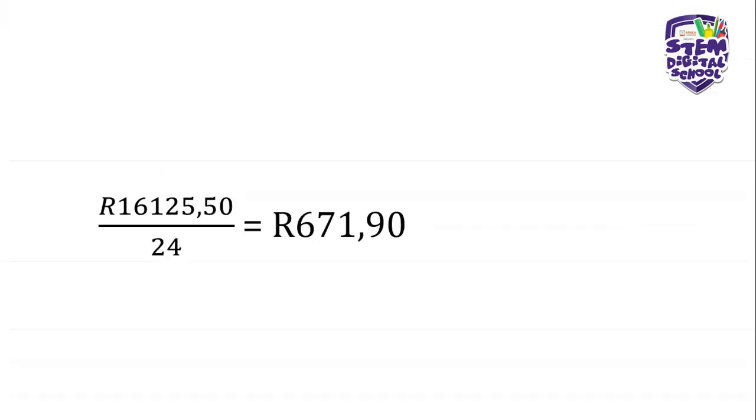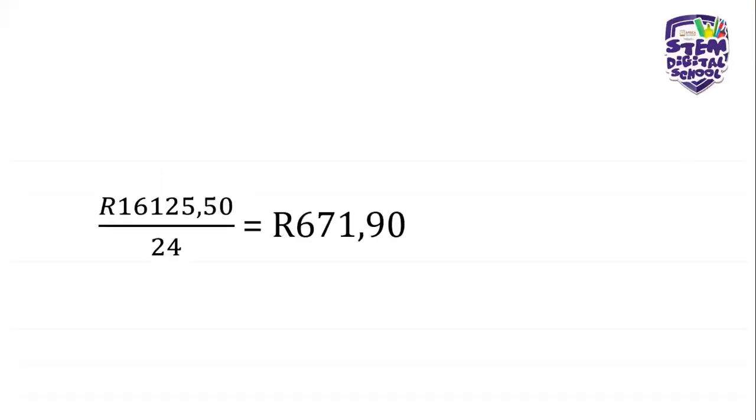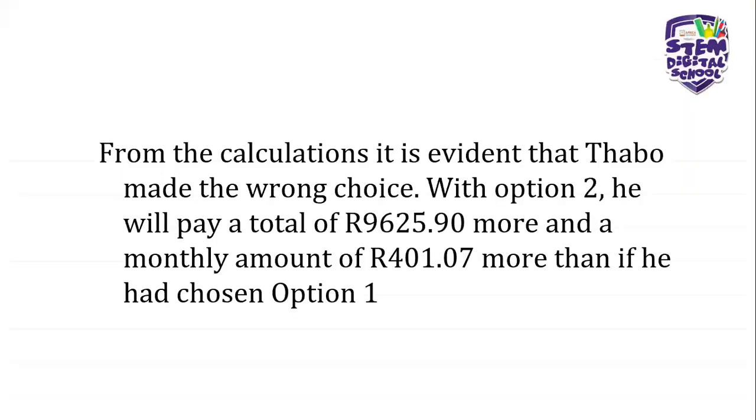You simply take 671 rands and 90 cents and subtract 270 rands and 83 cents. And that is why the answer that you'll get will be 401 rands and 7 cents. That will be the amount that we will get.